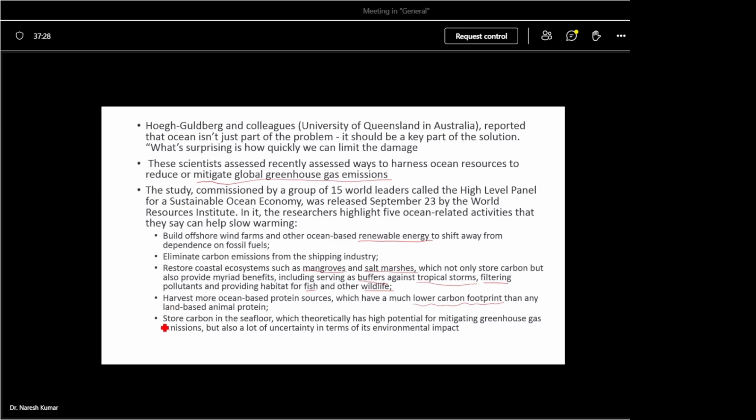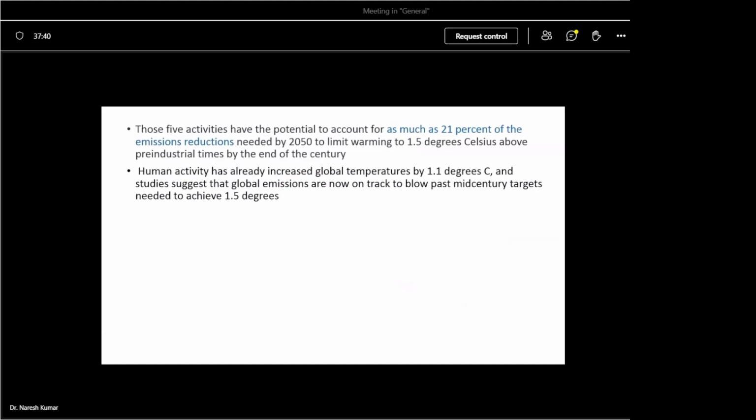So this report is emphasizing storing carbon in the ocean floor, which theoretically has high potential for reducing greenhouse gas emission problems. These 5 activities can support the overall goal of reducing emissions by as much as 21%.